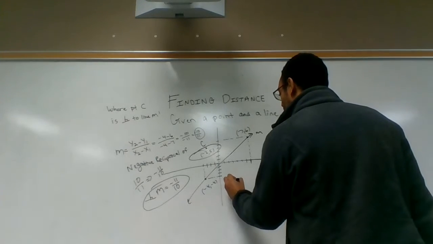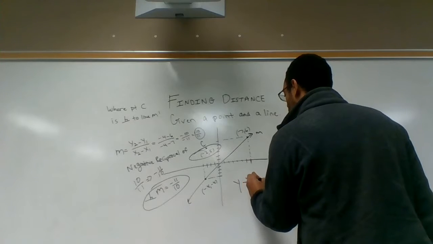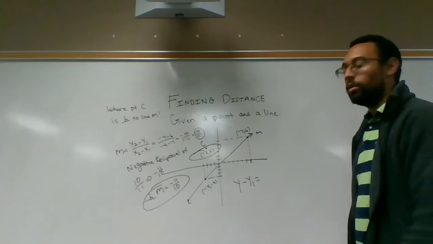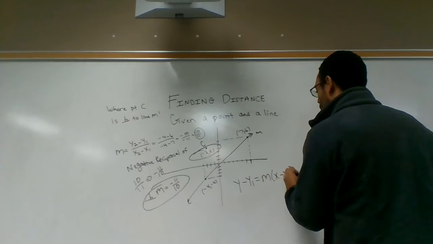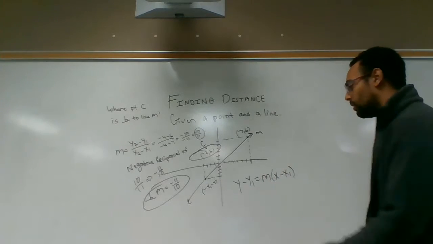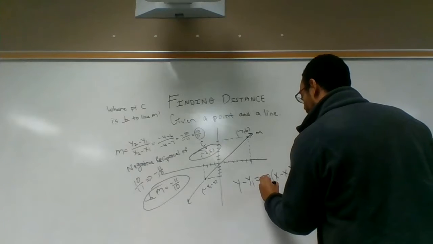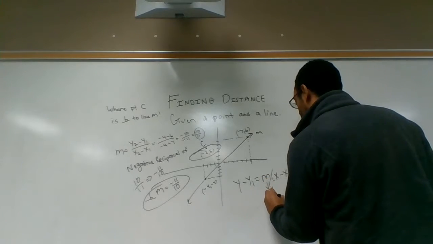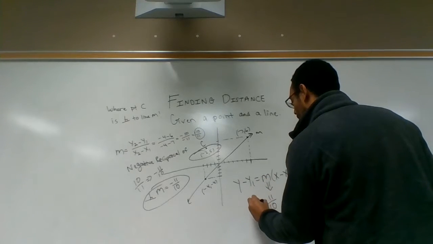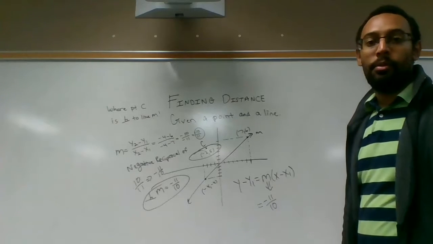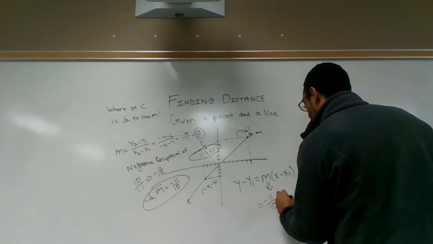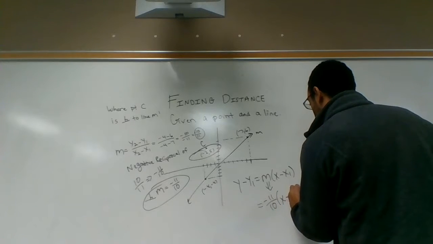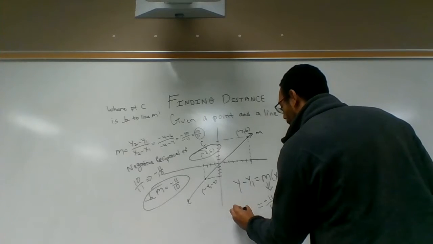And point slope is again y minus y1 equals m times x minus x1. Okay, so our slope again is negative 11 tenths, and our point was negative 3, 5. So negative 3 is our x, so x minus a negative 3, and our y was 5.